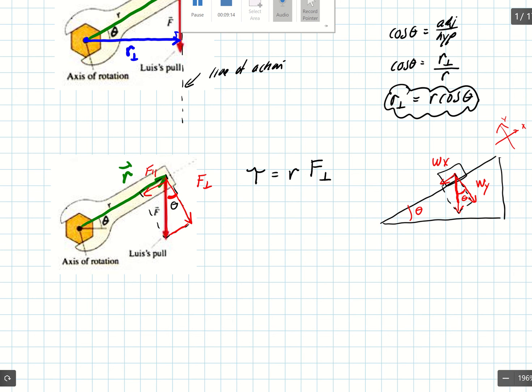So I've got my right triangle there, and this is the adjacent side, and this is the hypotenuse.